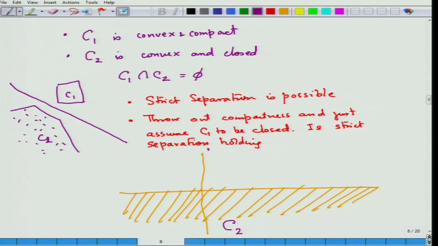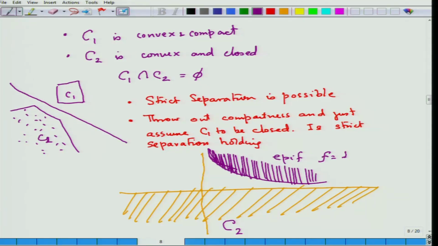For C1, consider the epigraph of the convex function y equal to 1 by x for x greater than 0. Of course, the domain is x greater than 0. So, there is an epigraph of f where f is equal to 1 by x where x is strictly greater than 0.